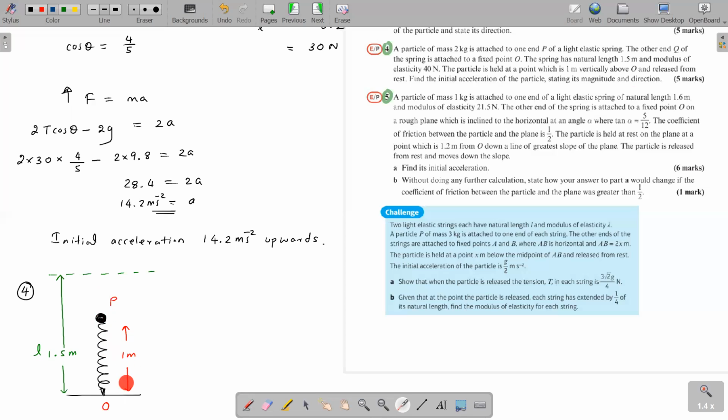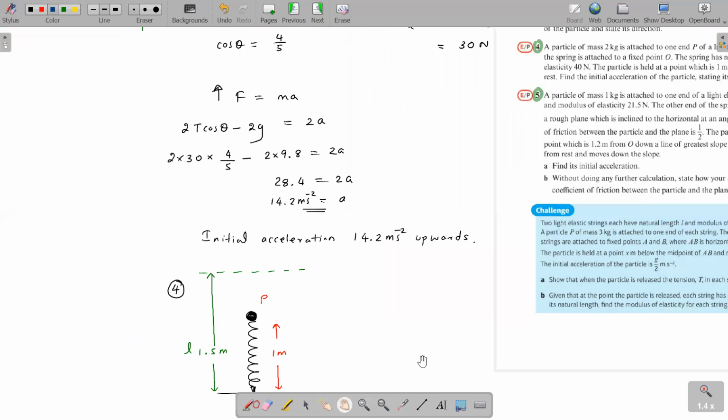So they have given you this length. Let's just go for an assumption. The problem here that you need to think is whether this 1 meter distance is below the equilibrium position or above the equilibrium position. What do I mean by equilibrium position?